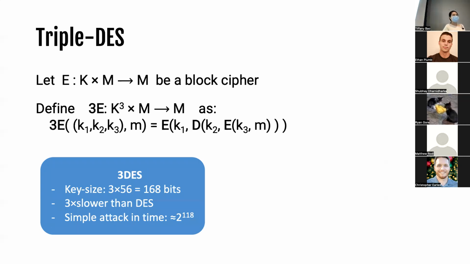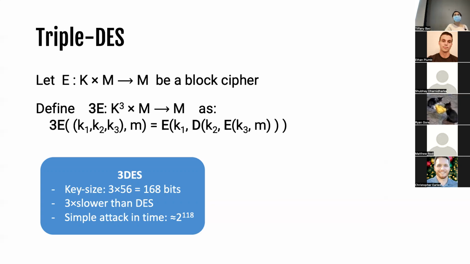And in total, we have a key size of 168 bits. But also, because we have to do that three times, encryption, decryption, and encryption again, that's going to be 3 times slower than the original DES. However, the good thing is that it turns out to be much more secure than single DES, and also of course 2DES.